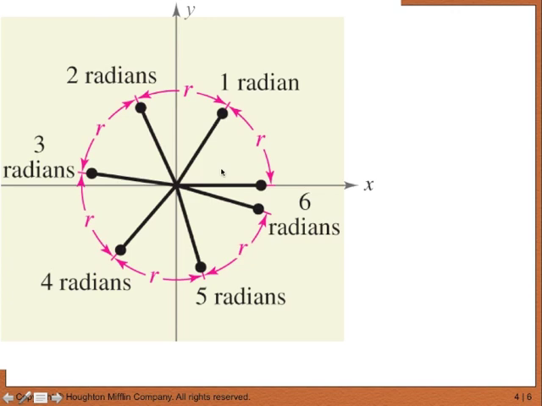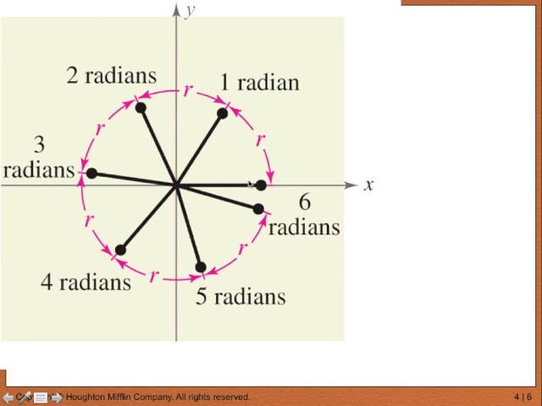And in a full pie, there are 2 pi radians. Okay, that's kind of interesting, right?